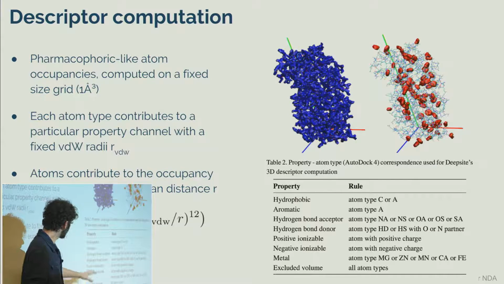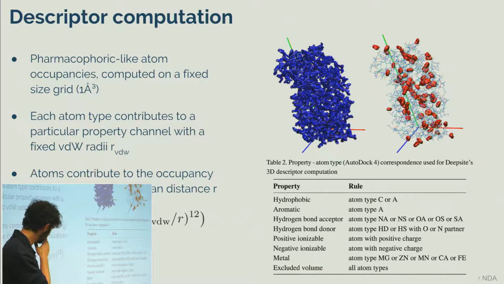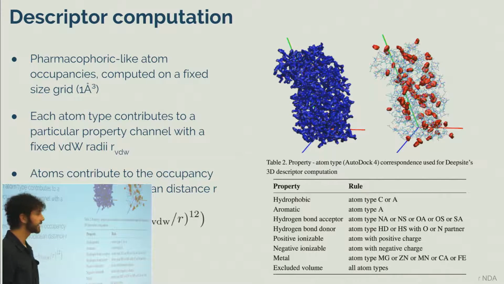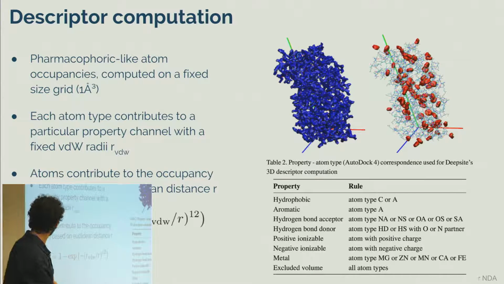Other properties are charge, positive ionizable, negative ionizable. We use these to feed our networks, so they can learn to predict different things that can be useful in molecular design.